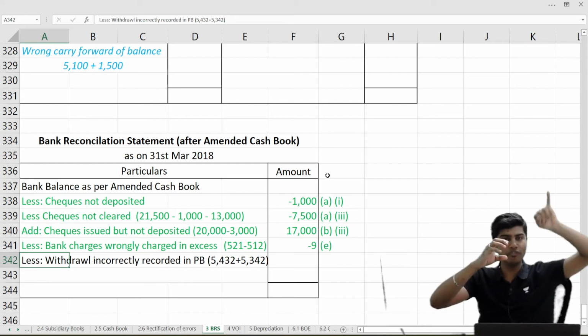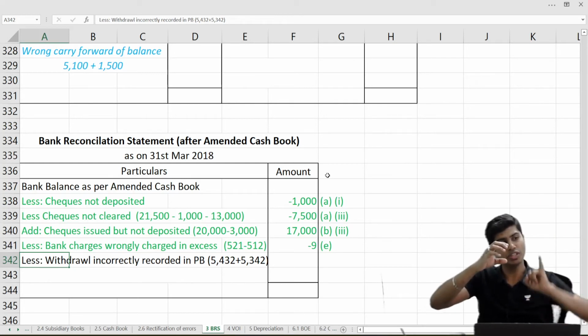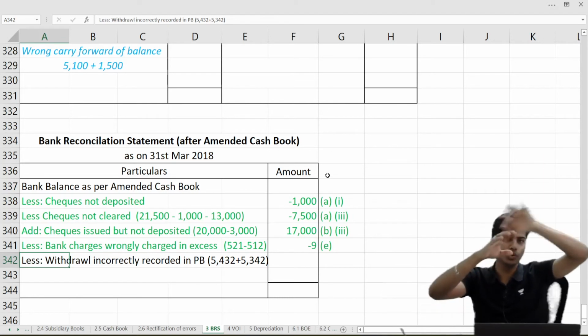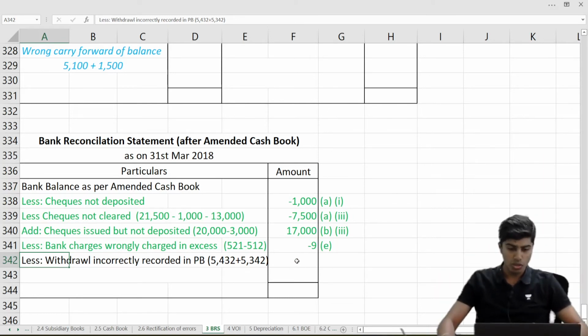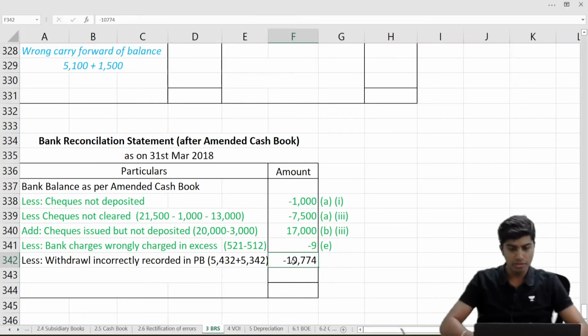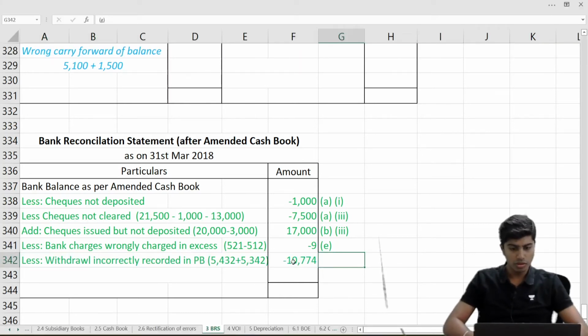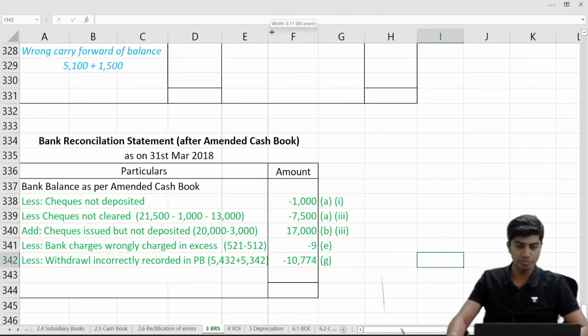It has gone down by 5342. So if we add 5342, it will become 0. Further I should add 5432 to arrive at the correct balance. So what exactly is the amount? 10,774. There we go. I have deducted it by 10,774.